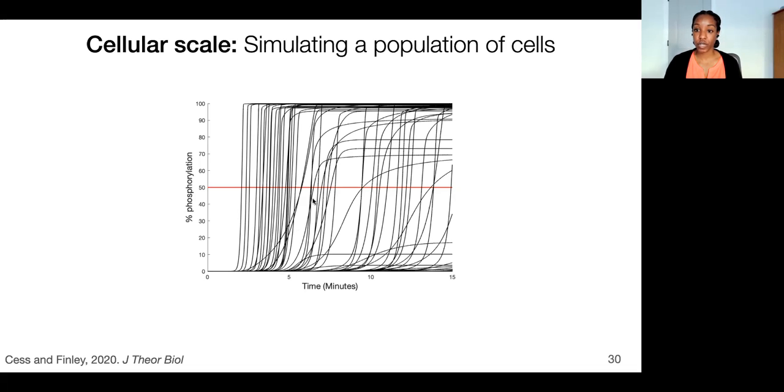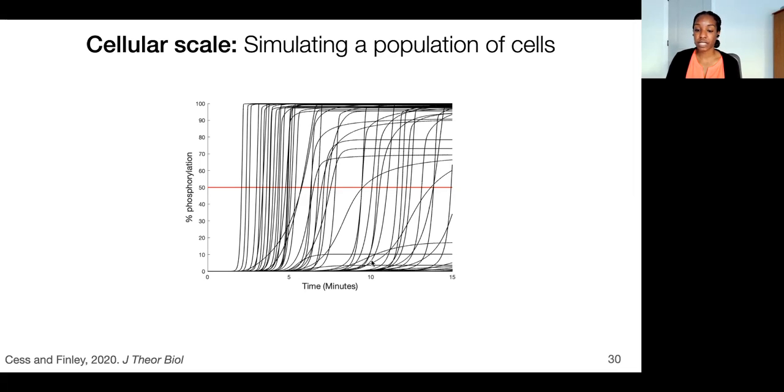But here I'm just showing 100 cells to talk through some of the heterogeneity that we see. We can clearly see that some cells reach 100% phosphorylation very rapidly. Other cells do reach 100% phosphorylation, but it takes longer. And then there are some cells that never reach an appreciable amount of phosphorylation of ERK.